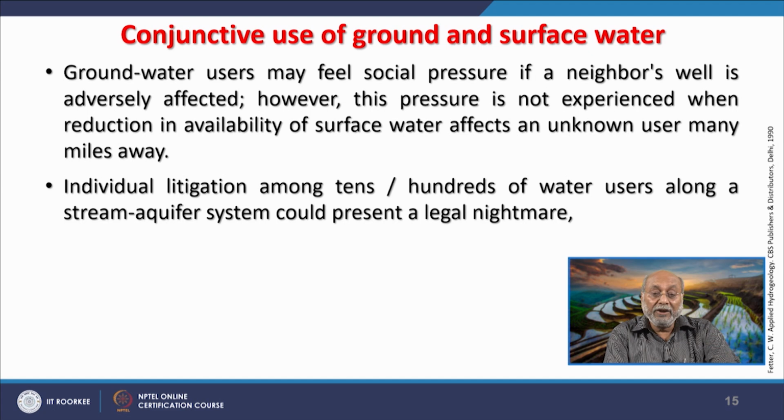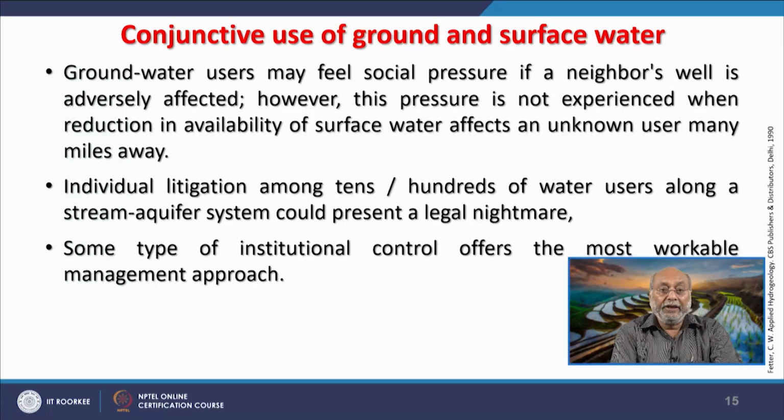In some parts where there is really a scarcity of water, such things are happening. Some type of institutional control should be there: some legislation, some organization, some department having a complete watch on such systems and making a workable management approach for the use of groundwater as well as surface water.